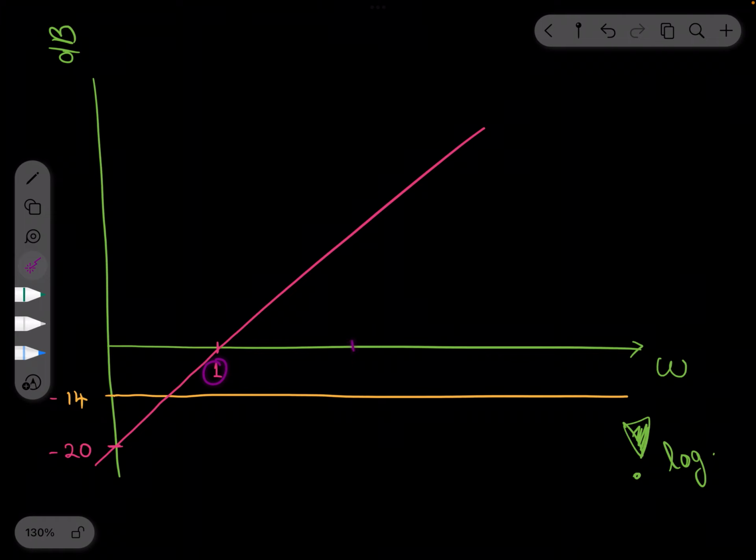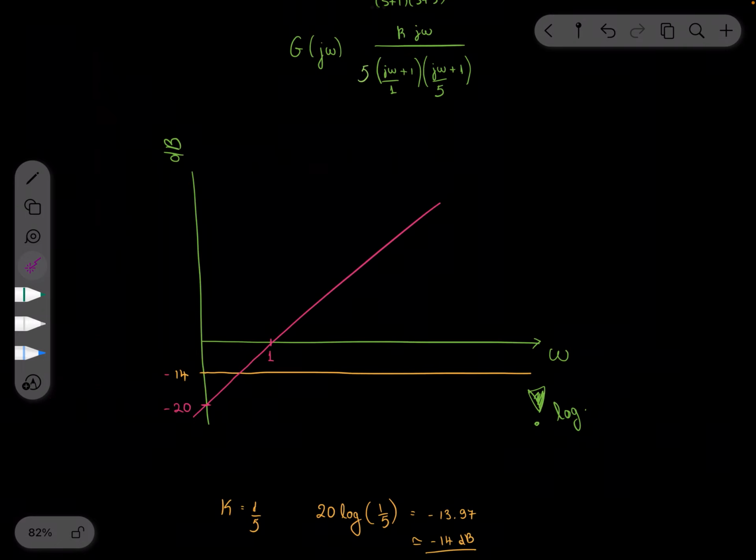From 1, next up on the scale would be 10 for a full cycle of gradient, if I can call it that, of 20 decibels. And next up here would be plus 20. So 0, minus 20, 0, plus 20. That's how it progresses. 1, 10, 100, and so on.